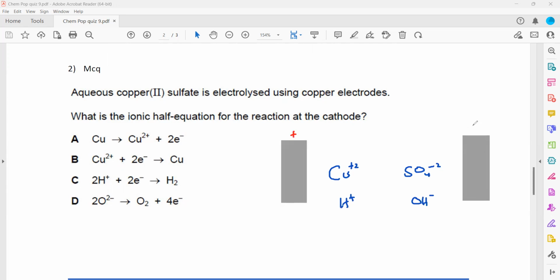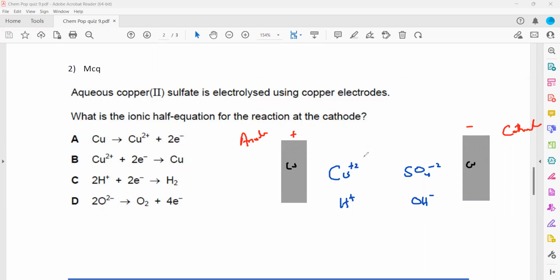So positive and negative electrodes are there, anode and cathode. And the electrodes are made from copper. So there's copper here and this one is also copper.